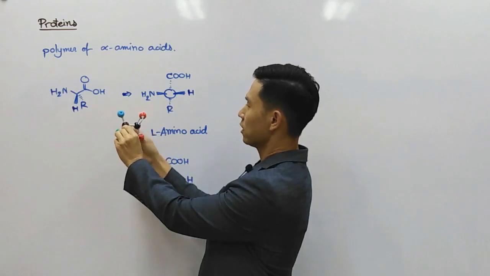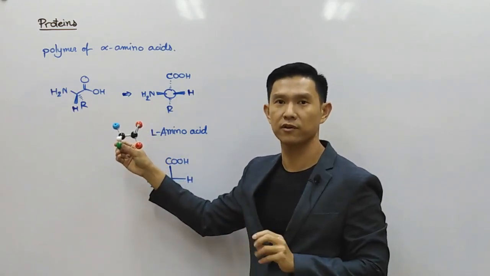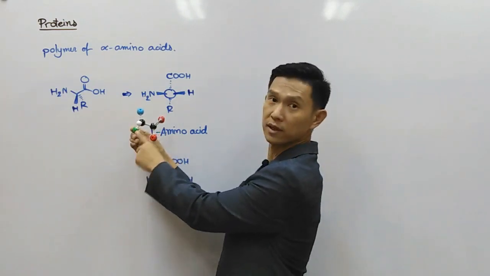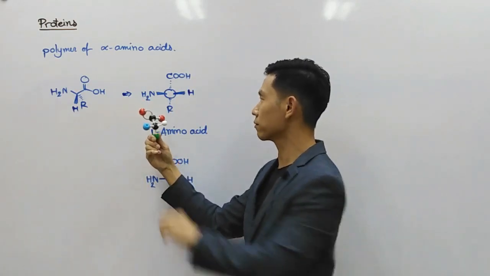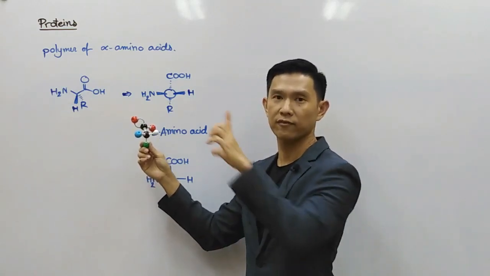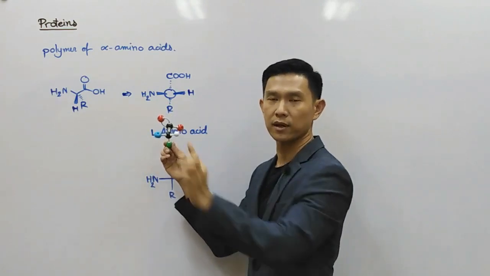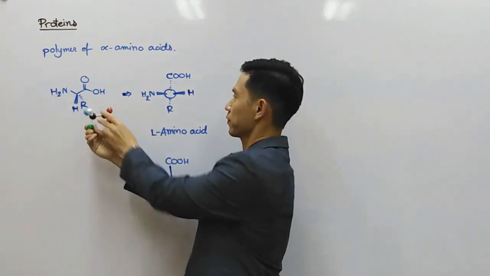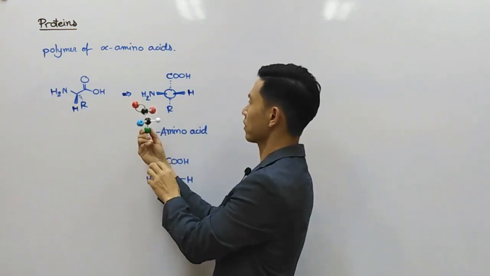So from this, by the same law of the Fischer projection, I will draw carbon, carbon, and carbon in a vertical line. As you may remember, the vertical line in a Fischer projection has to point downward, and the horizontal line points upward toward yourself. So what you can see from this picture is that I just turn it up like this.